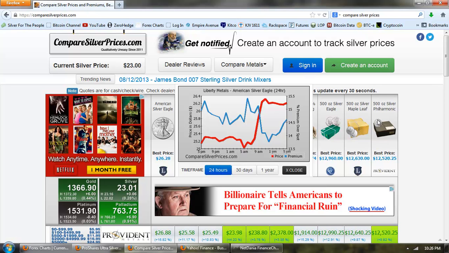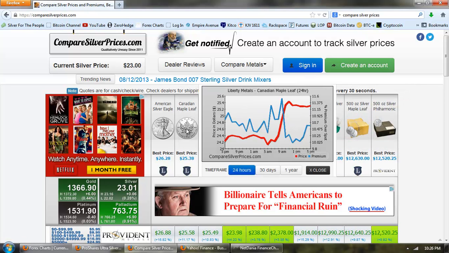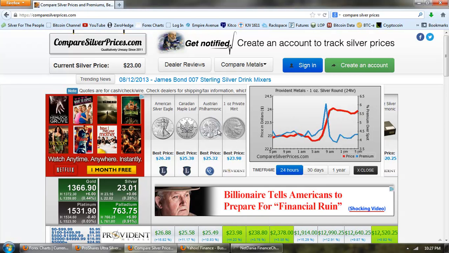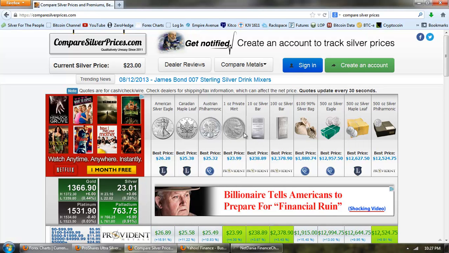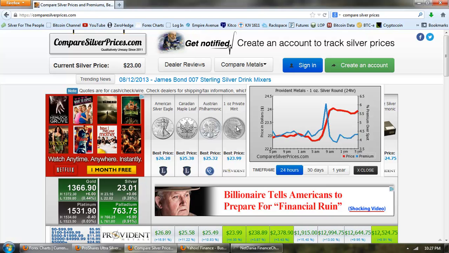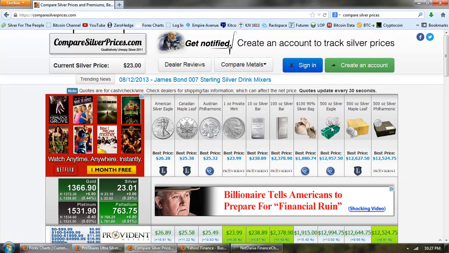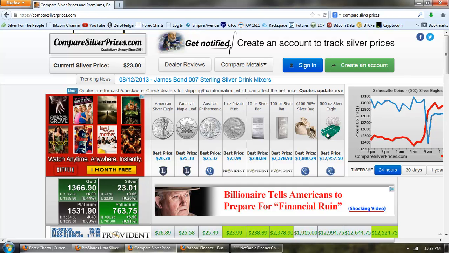And as you go across here, the same thing is happening in the Canadian Maple Leafs. The Philharmonics have almost caught back up. Here are the Buffalo Rounds. They are staying fairly low. And then here are the boxes of Silver Eagles. That percentage has almost caught back up. So the premiums on silver are staying high as a percentage.